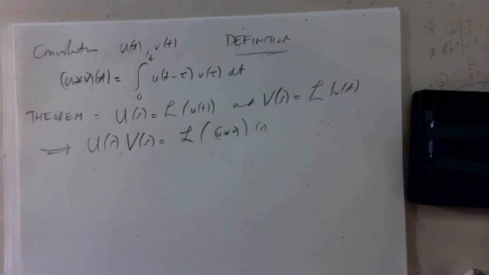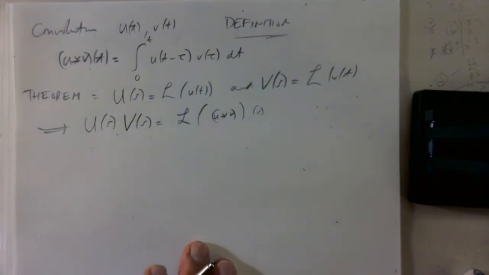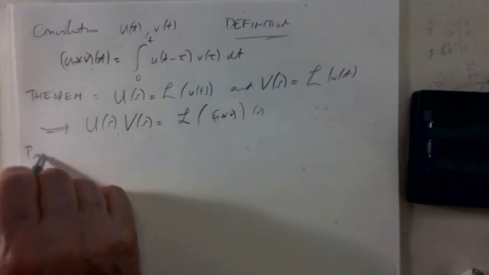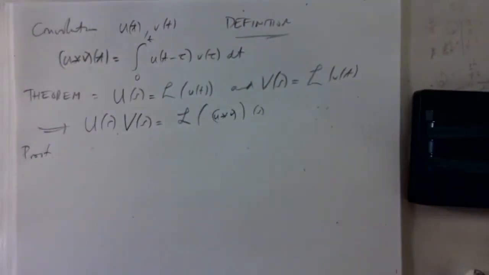It's not the ordinary product of u times v, but it's the convolution product. And the proof, again, uses some calculus, maybe advanced calculus, but it's important to sketch the proof.